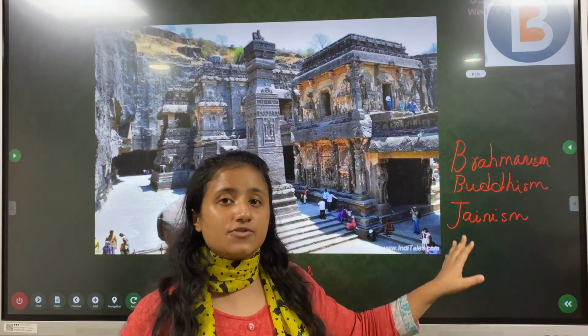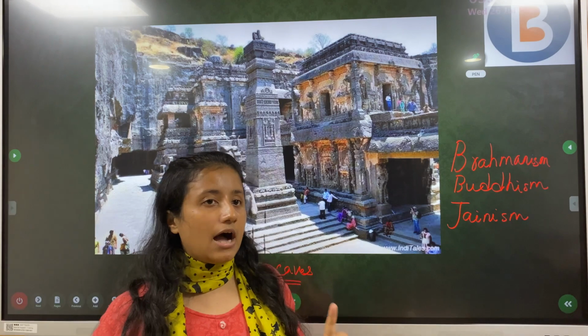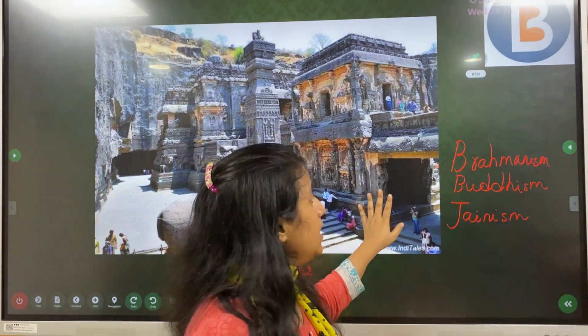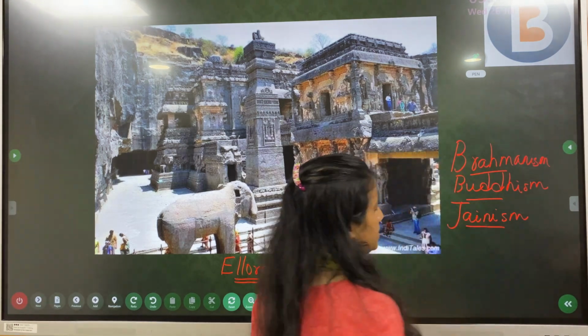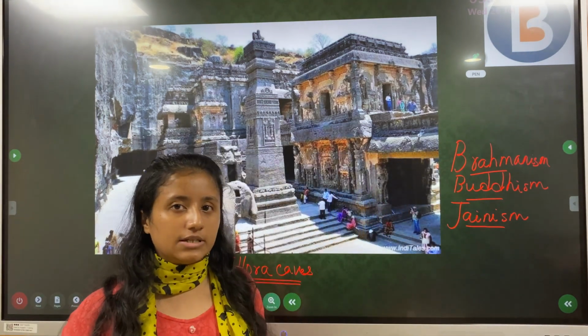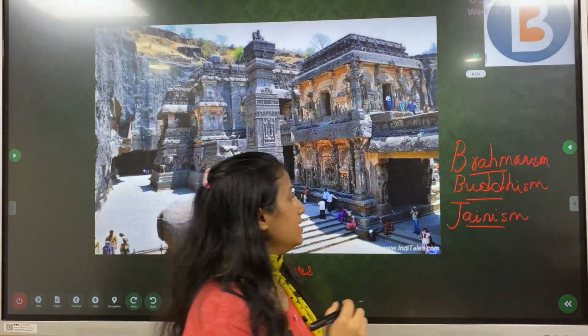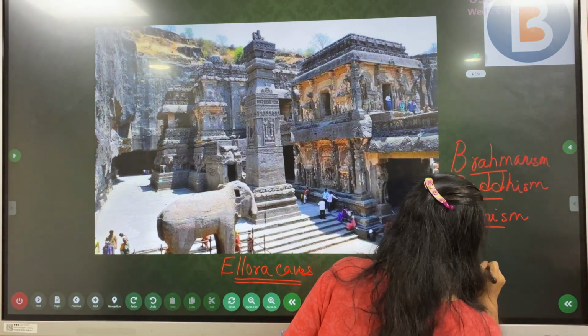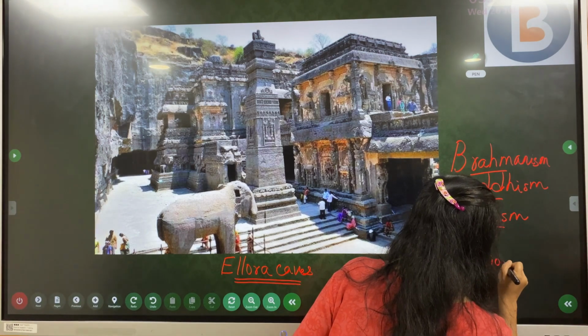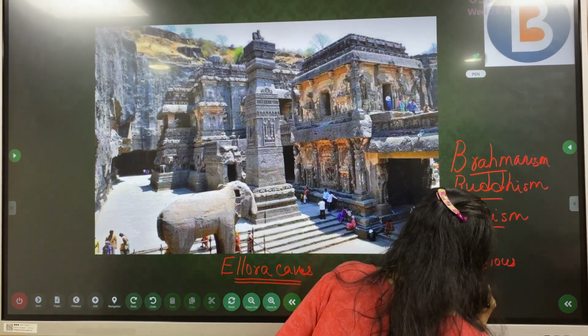In those times, these three were very important religions. Now, in these Ellora caves, we have sculptures from all these three religions. So, what do we get to know from this? That there was religious harmony in those times.